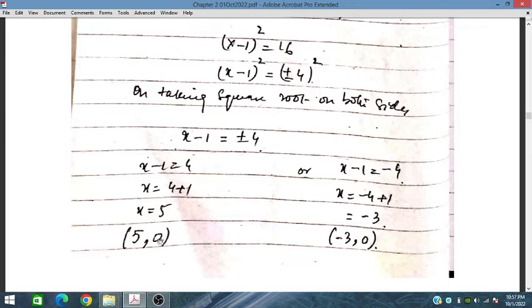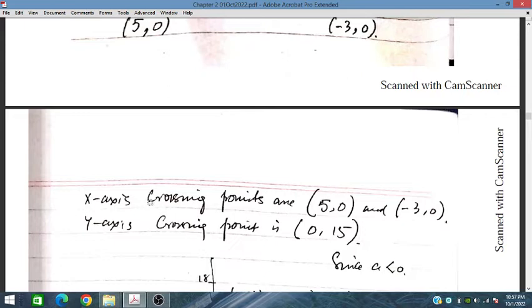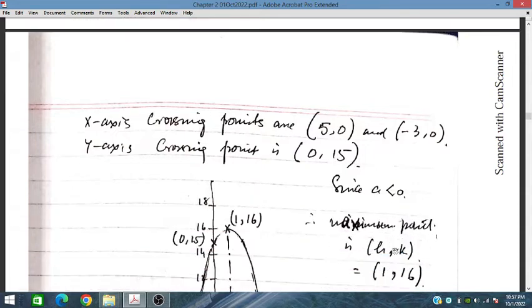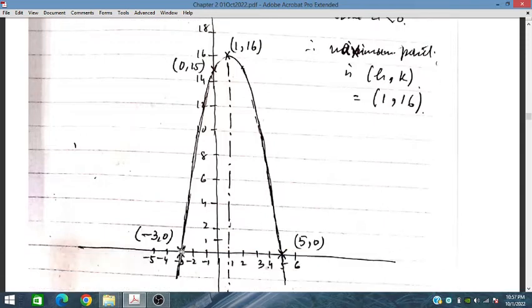At y equal to 0, we have two values of x, and the x crossing points are 5, 0 and minus 3, 0. The y crossing point is 0, 15. A is less than 0, so we have this kind of shape. 3, 0 and 5, 0 means the average value is at 1.